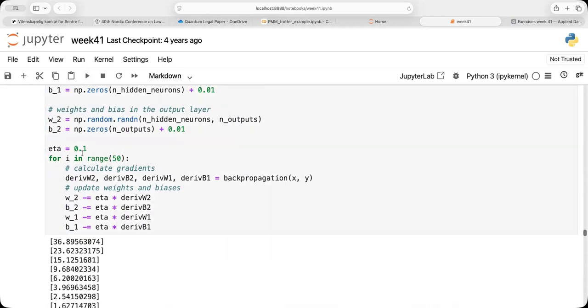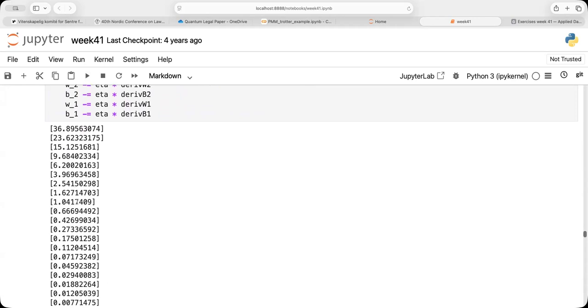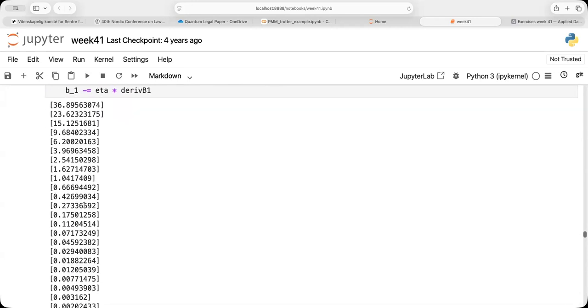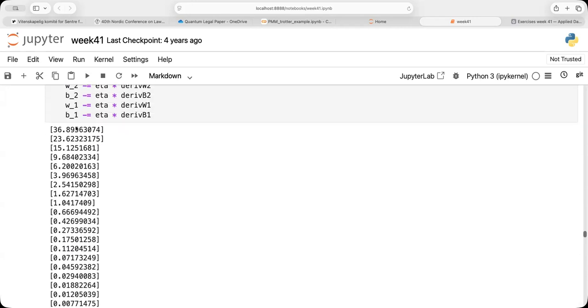And in this particular case, I'm just producing, this is my cost function. This is the first iteration. The second one, third, etc. You see in the beginning, the cost function is large. So I'm not writing out the gradients, but I'm writing out the cost function because that's my measure, my mean squared error.